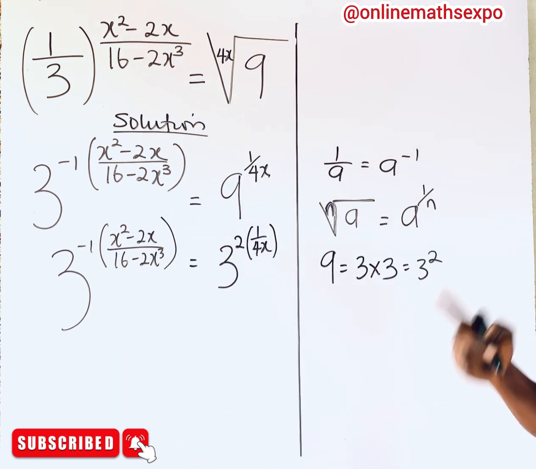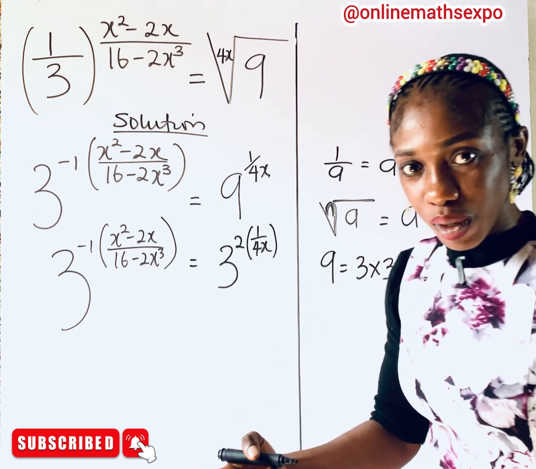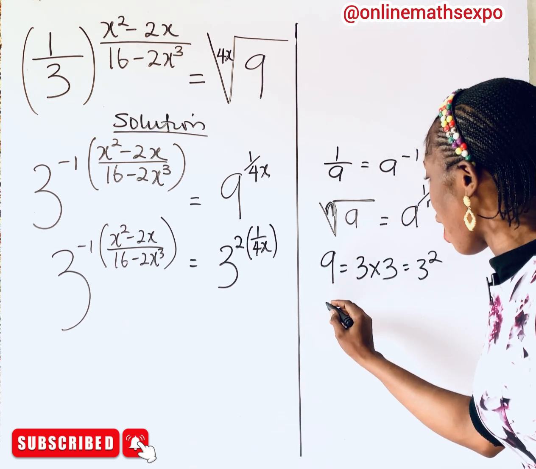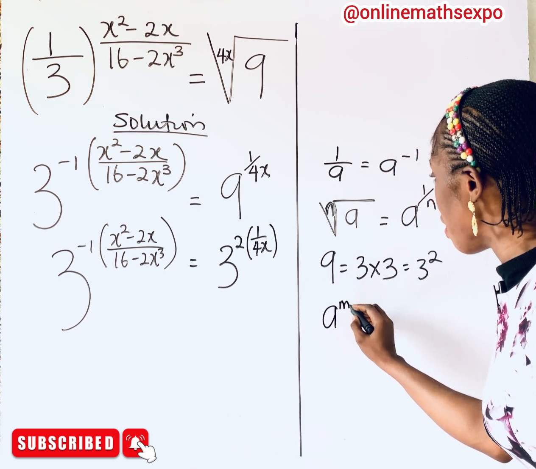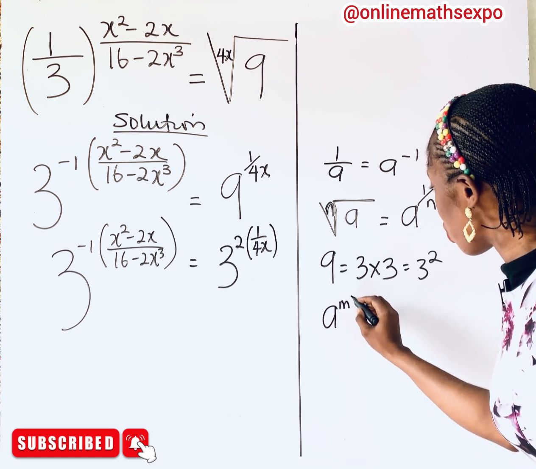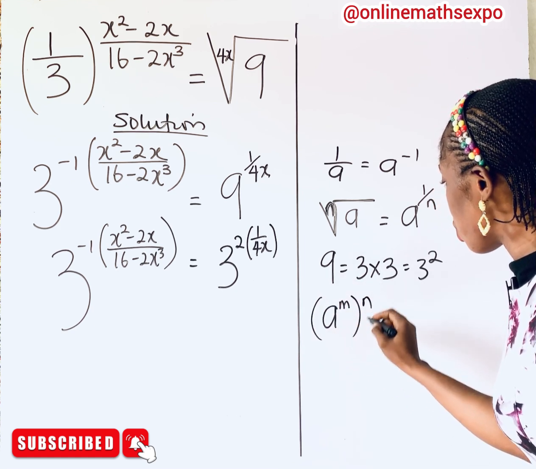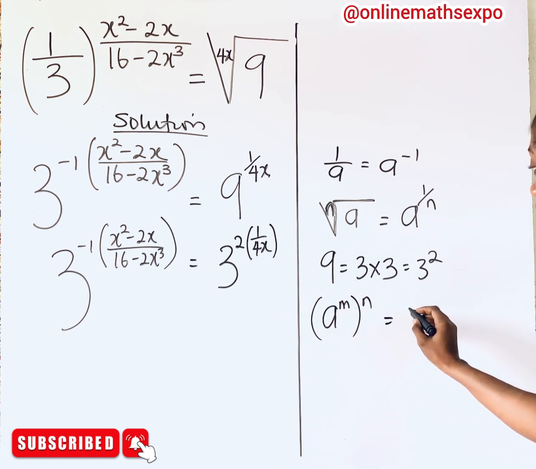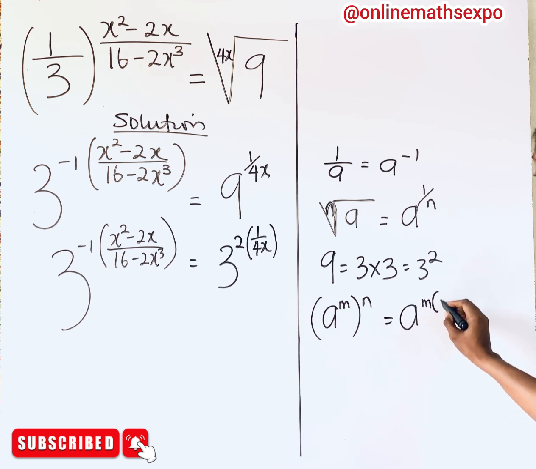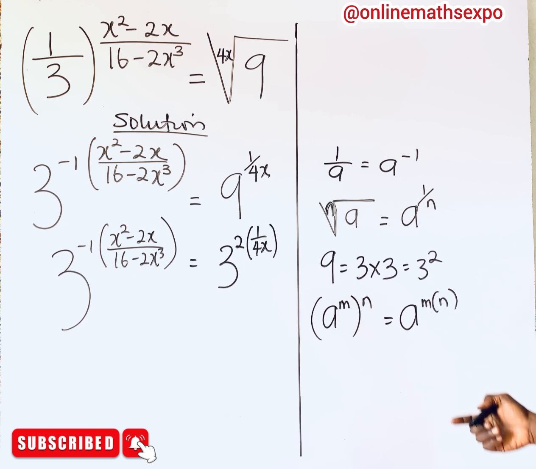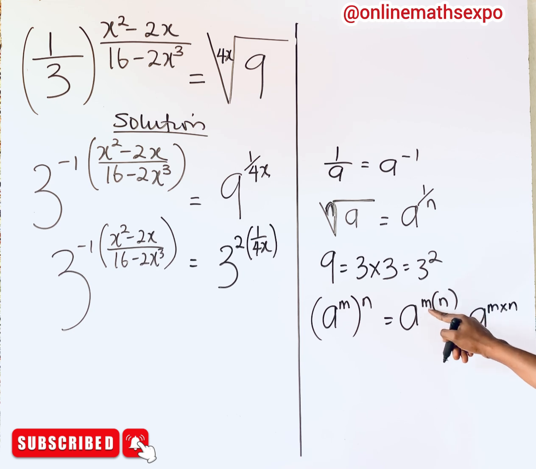Now remember another rule of exponents, which says that if I have a raised to the power m, then raised to the power of n, this is the same as a raised to the power m times n. So m will multiply n for you to remove the bracket, okay?